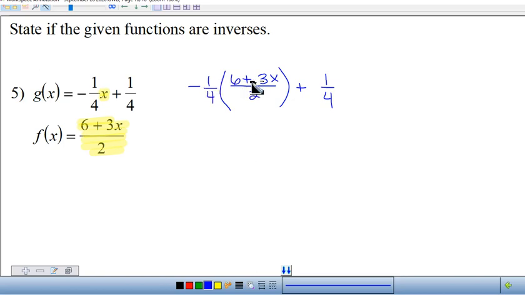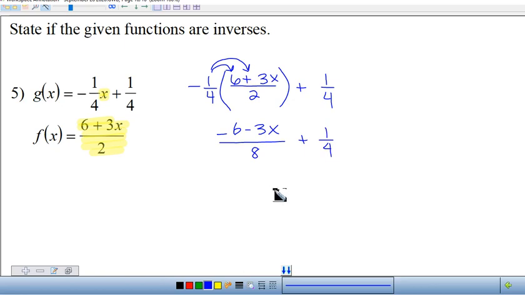When you're doing a fraction times a fraction, you will take the numerator and multiply it times everything in the numerator. That's going to give me -6 and -3x. Then I'm going to do denominator times denominator. That'll give me an 8.